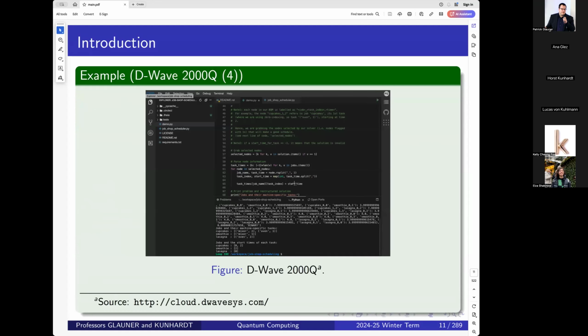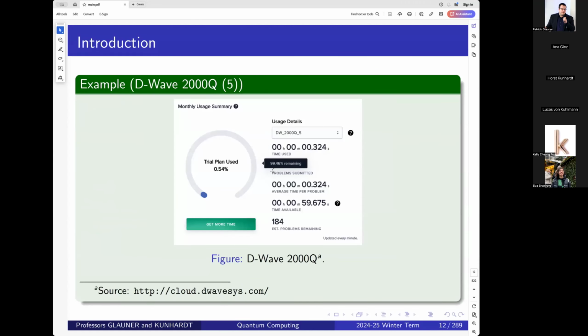What you're doing is you have something that looks like a Jupyter notebook, and you can run this and access the D-Wave 2000Q or some of their other machines. These computations, typically when you run them, take a few milliseconds. Like I've run some experiment here, it took 0.3 seconds. So I have 59 point something seconds left. And if I need more time, I need to wait for next month or upgrade my account.